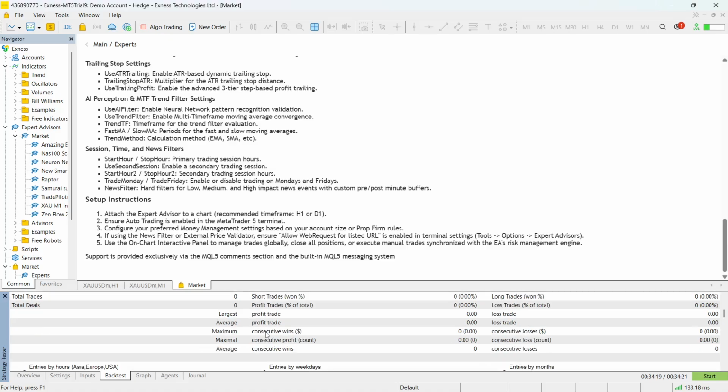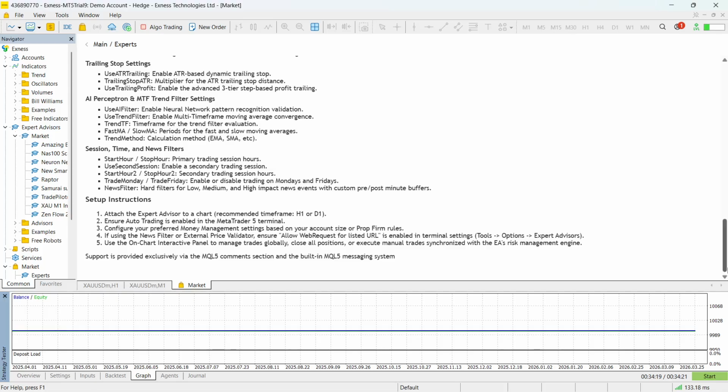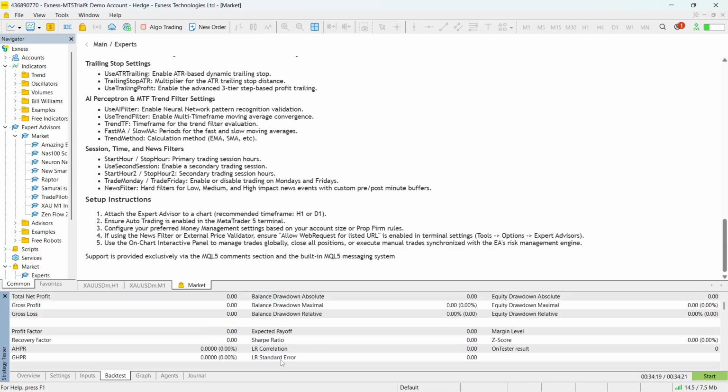There were zero trades, no trades at all. You can see the initial starting balance, which is $10,000, and there's no net profits or any losses. You can see the graph is just flat right from where it began up to the end of the period. So you see the way it is, it just stays that way. It didn't actually take any trades.